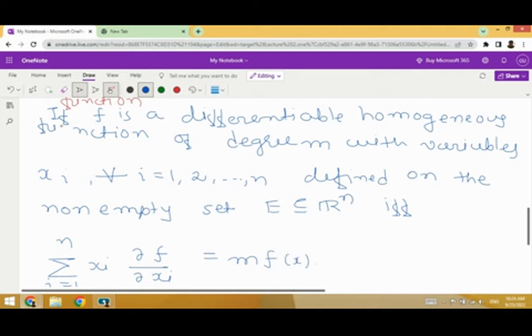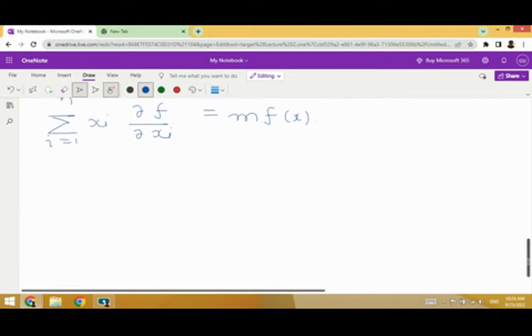Here we strictly note that f is a function of degree m, so m comes outside of the function, and it is m into f of x.